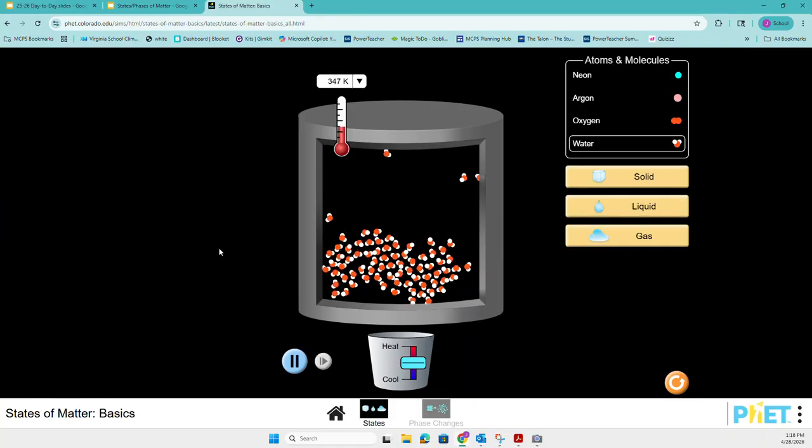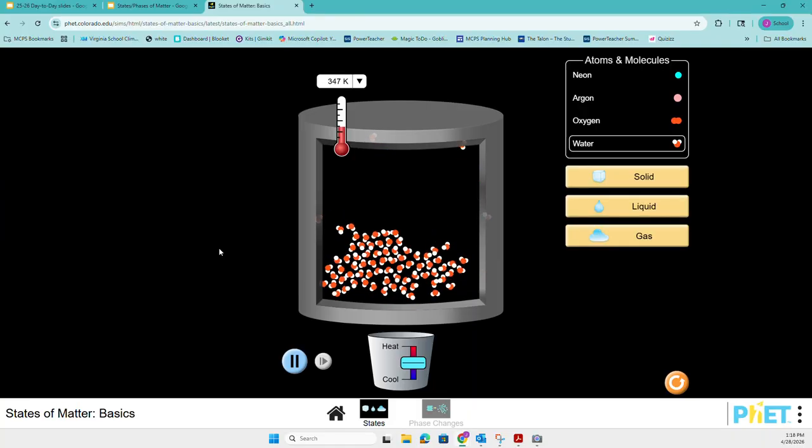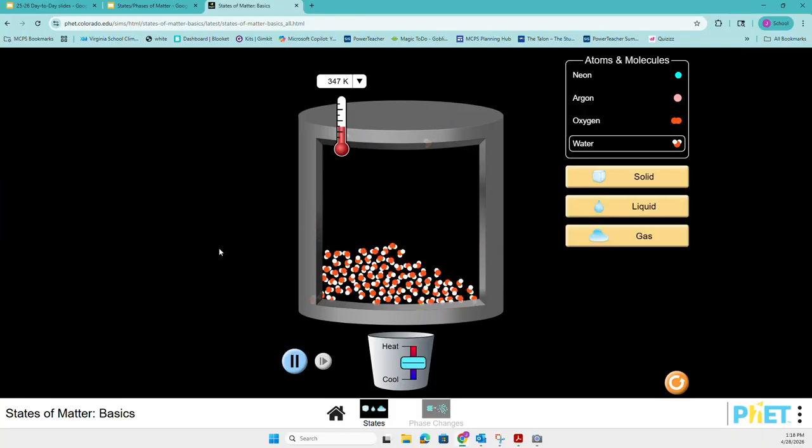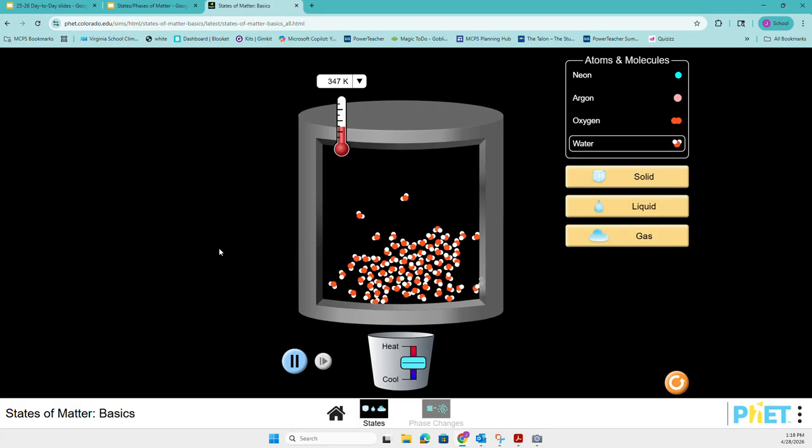I'm at 73 degrees Celsius, and I know 100's boiling. What state of matter is my water in right now? Is it a solid, a liquid, or a gas? It's a liquid. With more heat, it'll eventually start to evaporate by itself, right?